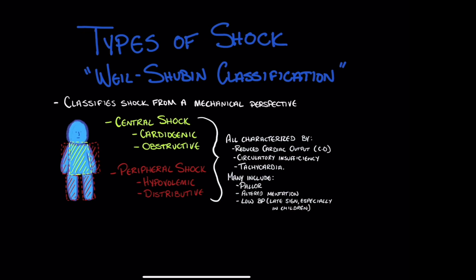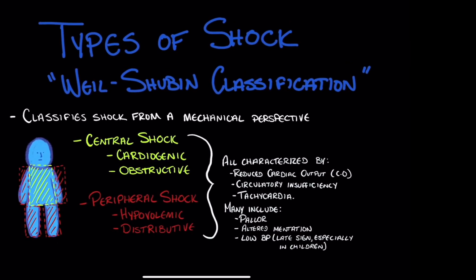There are a few different mechanisms which we'll talk about as we keep going through this. The way it's broken down is they have what's called central shock, which is something in the core of the body, or peripheral shock, which is something affecting the whole body, or more affecting the peripheral limbs.